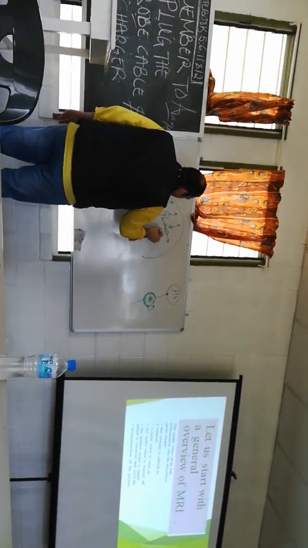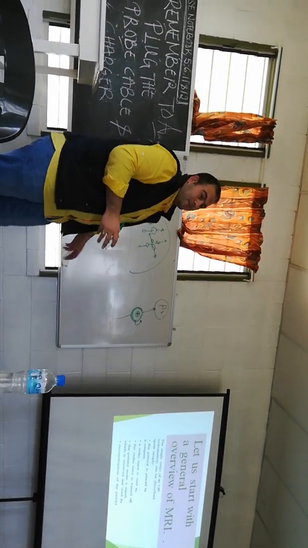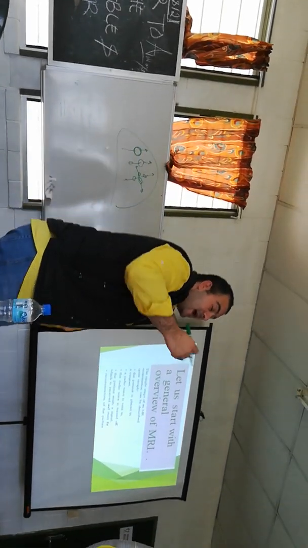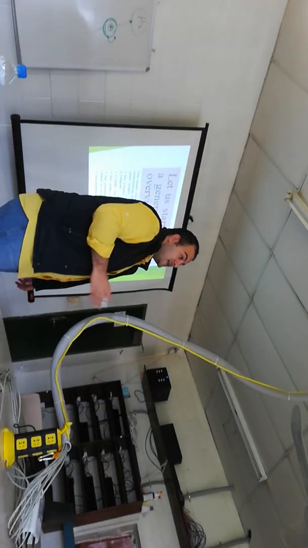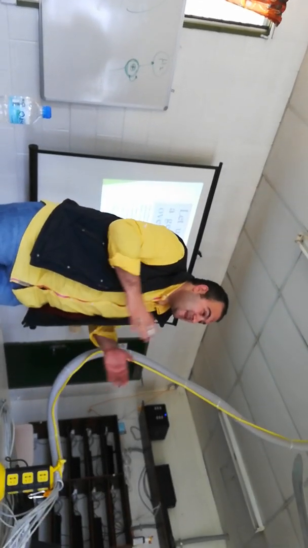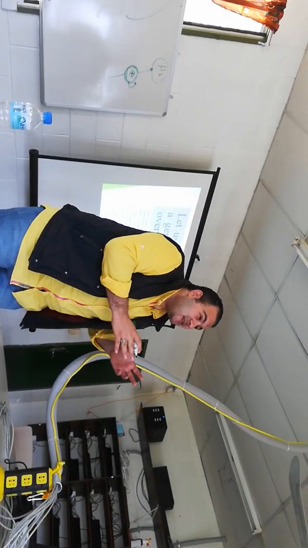So you will find the protons distributed randomly inside our bodies. Yes, that's before placing the patient inside the magnet. So now, the protons inside our bodies are randomly distributed.